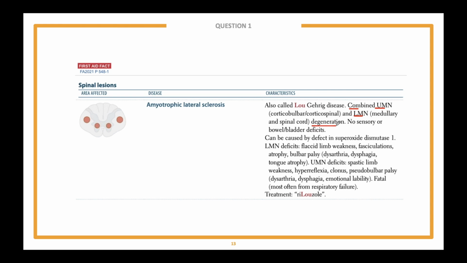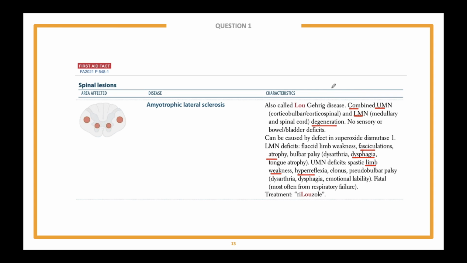So some of those deficits our patient had: fasciculations, atrophy, dysphagia, trouble swallowing. The patient also had some upper motor neuron deficits, hyperreflexia, limb weakness as well. So that's really the best diagnosis here, upper motor neuron degeneration.